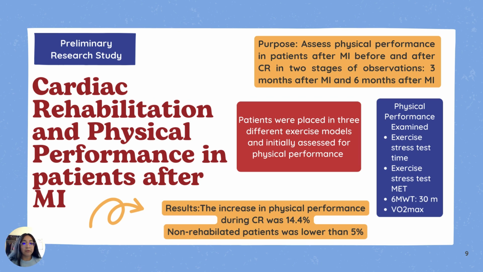The physical performance included an exercise stress test, the time for that, an exercise stress test MET, a 6-minute walk test that was 30 meters, and also measured their VO2 max. So the purpose of this study was to assess their physical performance in patients after myocardial infarction before and after cardiac rehabilitation in 2 stages of operation.